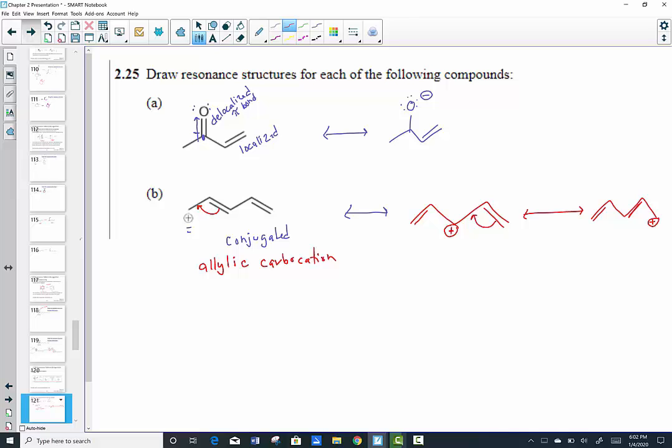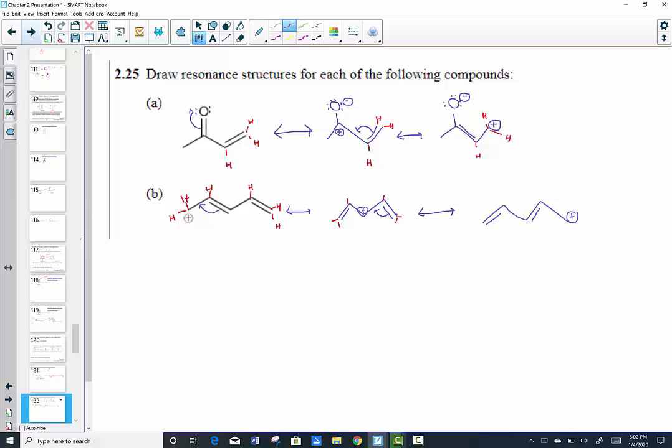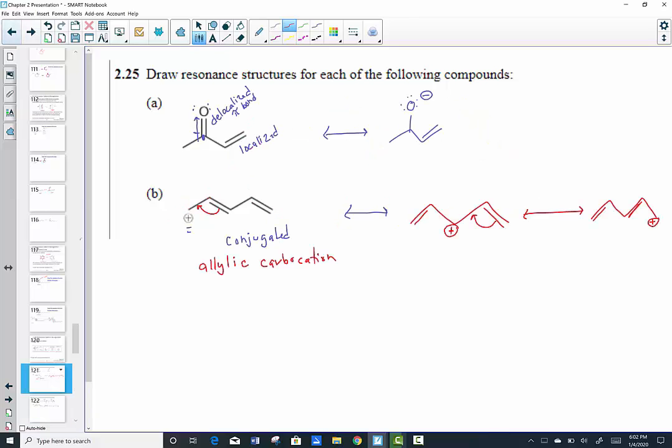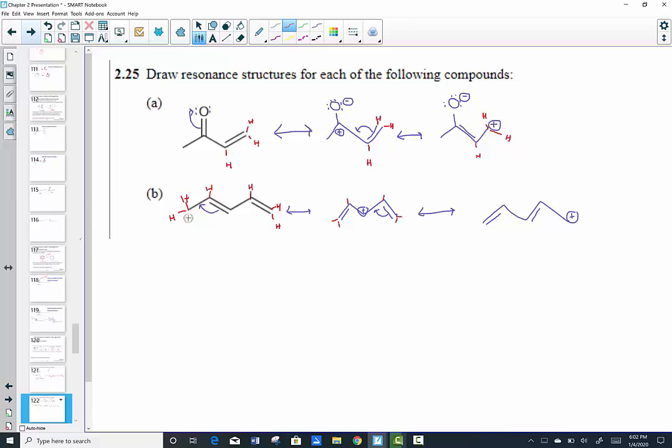Again, you're going to have lots of practice, no worries. Well, you know what? It looks like I missed this position. This double bond does indeed exhibit resonance structures for each of the following compounds. I'm so glad I spun ahead because look now. Got it.